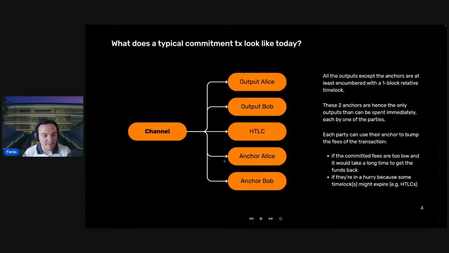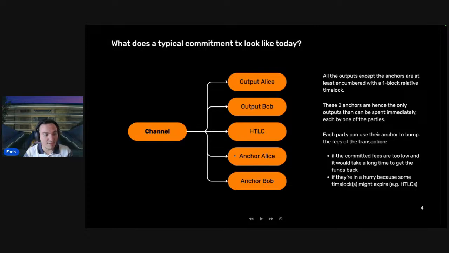The idea is that you have this first transaction, which is called the parent transaction, and then you have a child transaction, which is spending from one of the anchors, and the overall fees of both transactions can be increased by having a high fee in the child transaction.